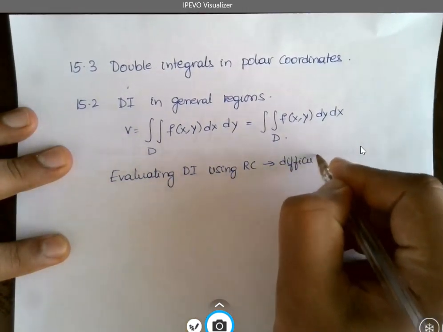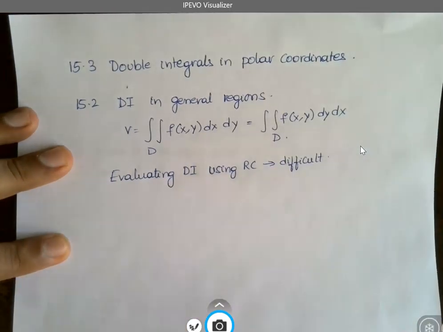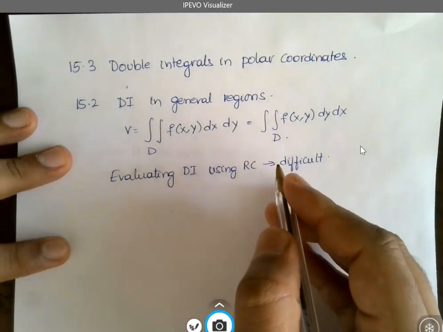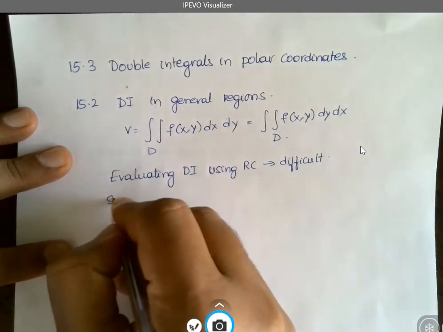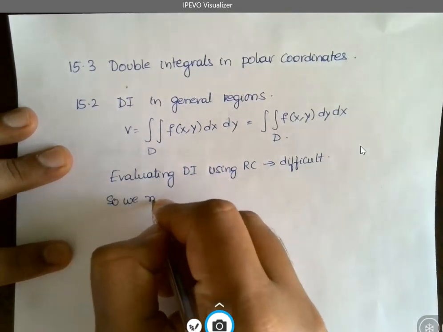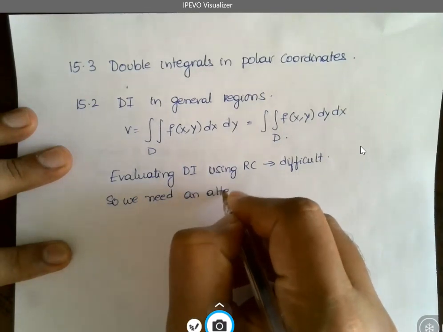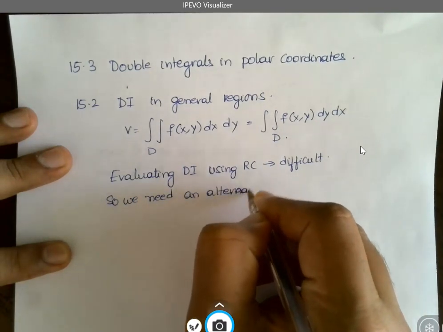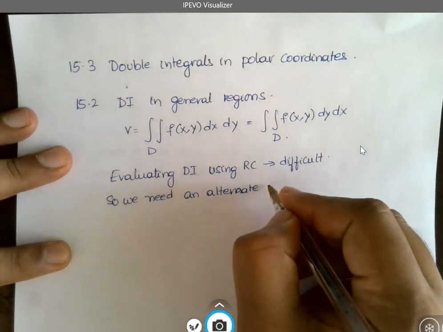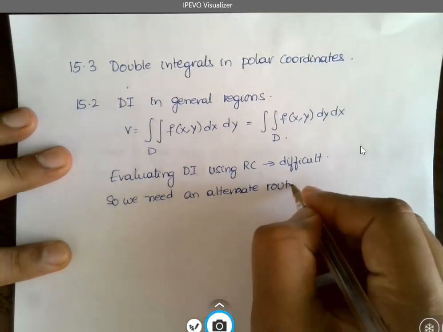You can refer to some problems in the textbook and you will see that. So we need an alternate route, an alternate path or means to find the volume.